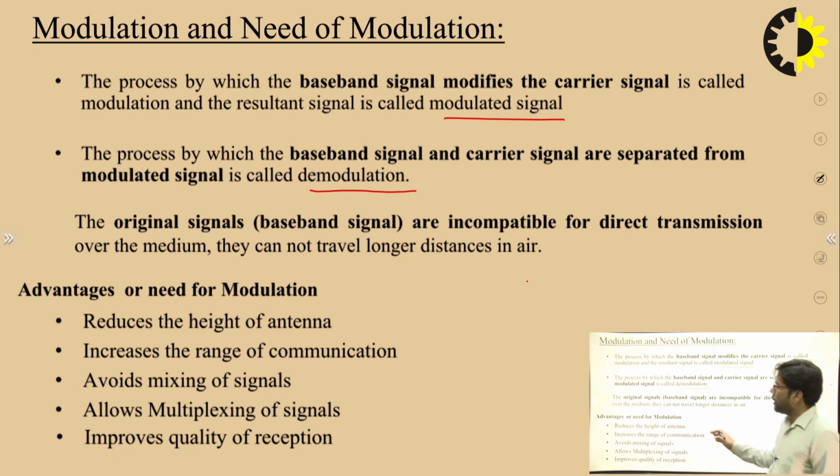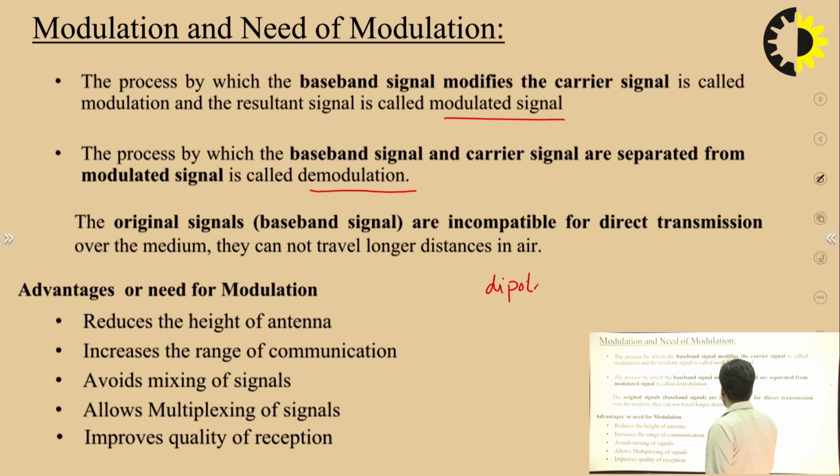Every antenna has a certain length, a certain size, and the size of the antenna is specified in terms of wavelength. As we know, the dipole antenna has a length of lambda by 2, and it is the half wavelength antenna as well.